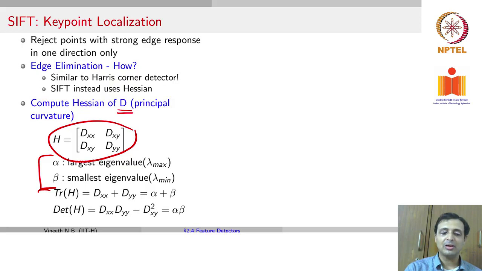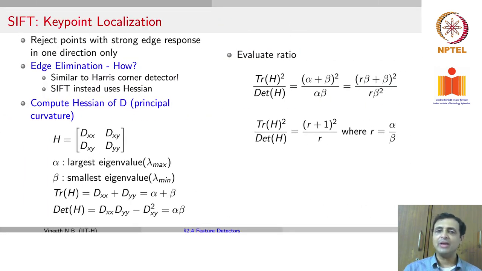Then you once again compute your trace and determinant of your Hessian matrix, very similar to how we did it for the Harris corner detector. And then we evaluate different ratios with respect to trace and determinant. So your trace is going to be alpha plus beta, your determinant is going to be alpha into beta.